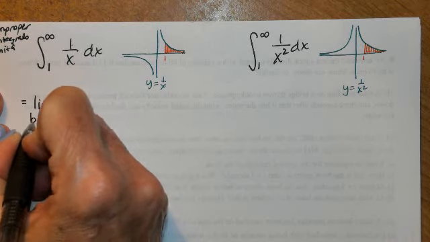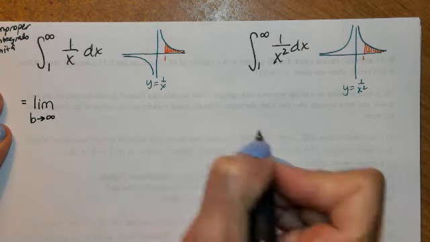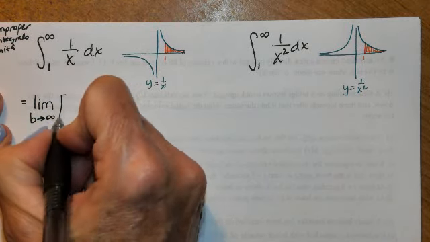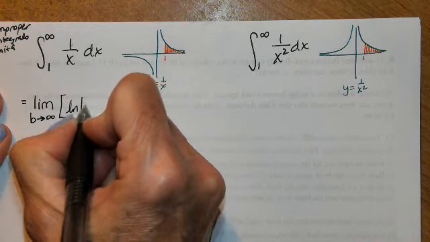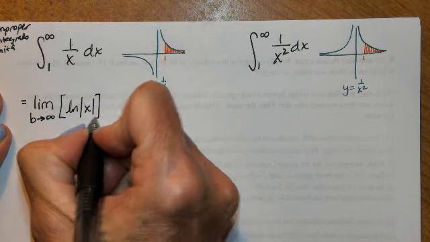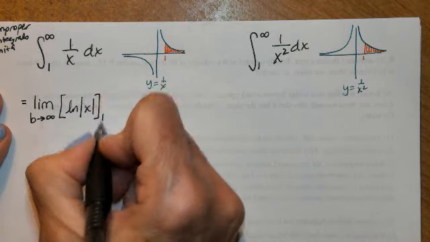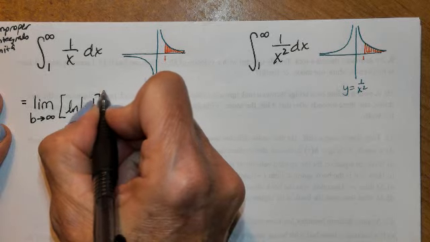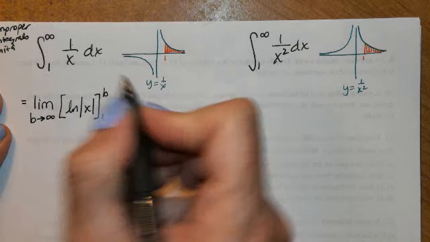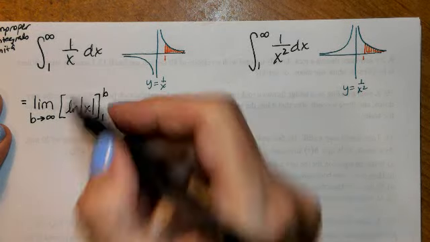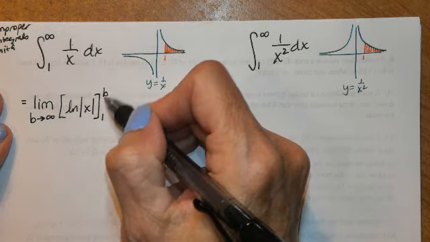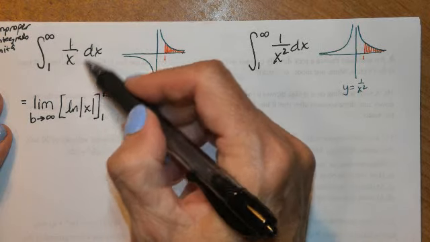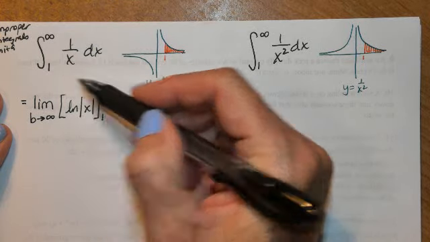So I'm going to write that as the limit as b goes to infinity of the natural log of the absolute value x, that's the antiderivative, from 1 is fine, but I cannot put infinity up here. I need to put b up there. You can never put a value on a boundary that makes your function undefined or not a number. Okay?